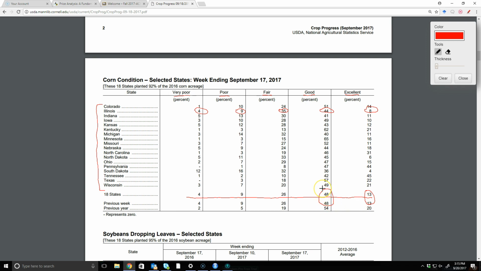So in 2012, you would see the current week numbers being much less in the excellent category and the good category, indicating that a pretty substantial portion of the crop had moved from the good to excellent category down towards the poor or very poor. And that obviously signals bad news for crop yields.